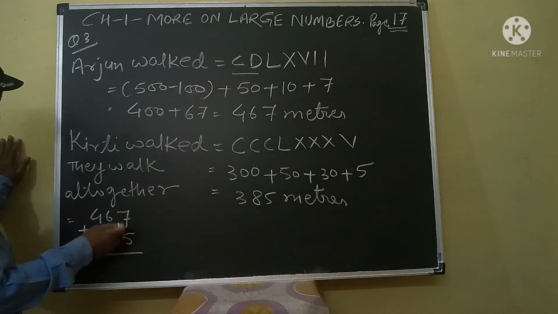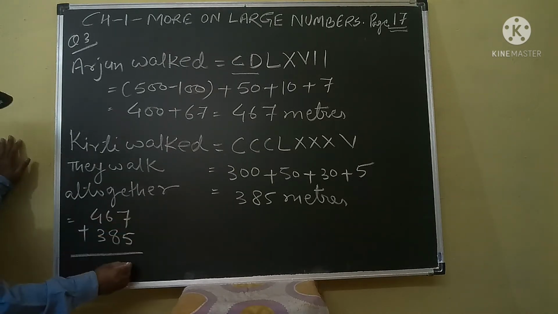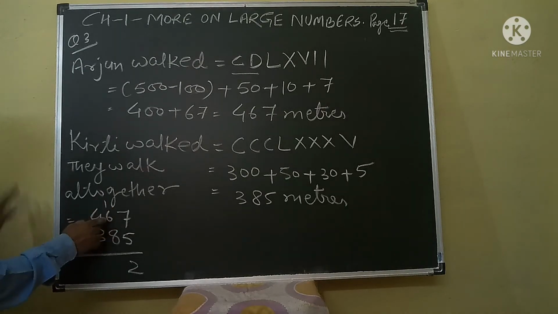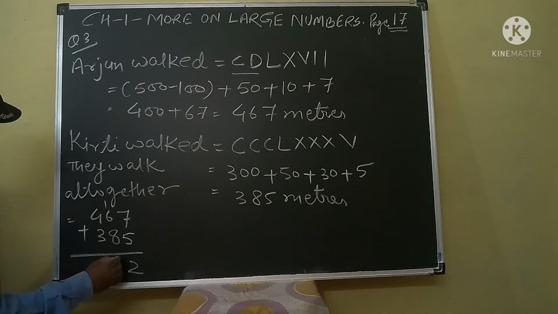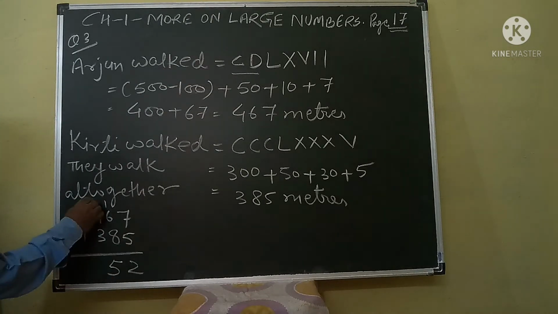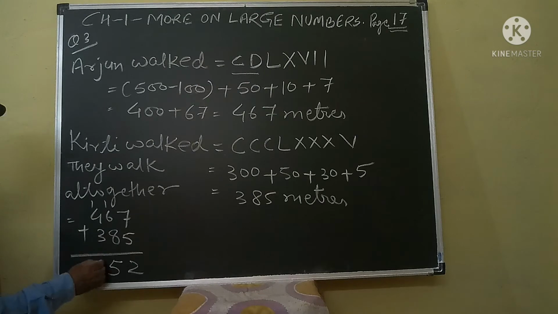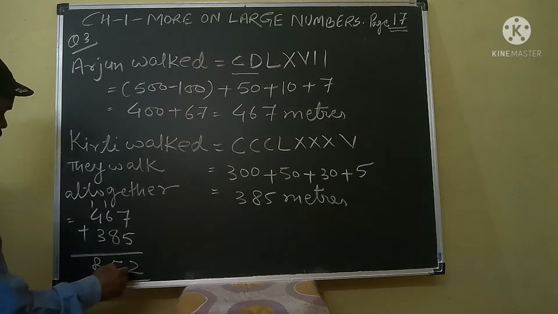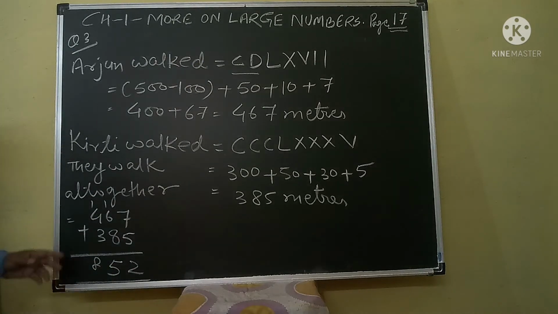Now let us find the sum. 7 plus 5 is 12, this is 2, carry over 1. 1 plus 6 is 7. 7 plus 8 is 15, this is 5, carry over 1. 1 plus 4 plus 3 is 8. That means they walked all together 852 meters.